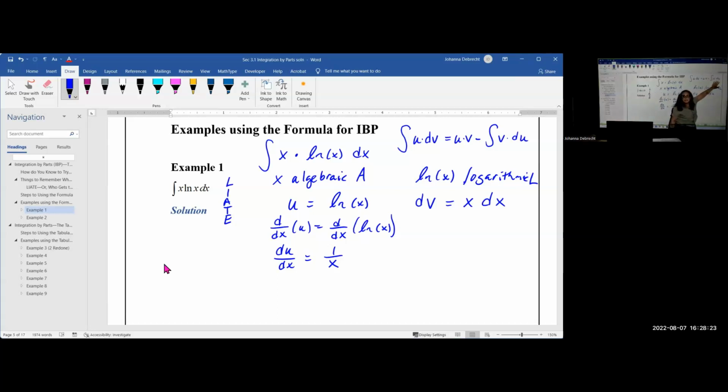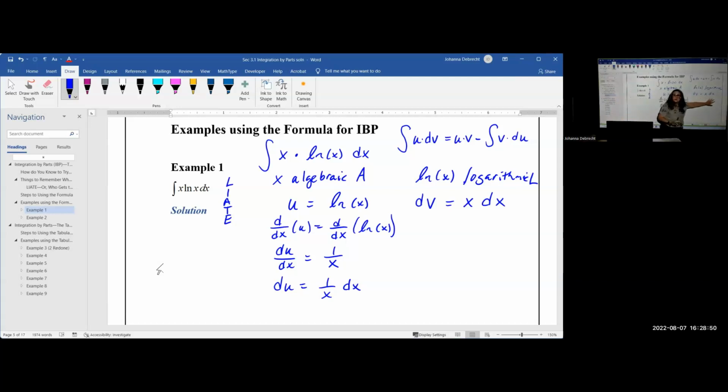It doesn't have du/dx, it has du. So I need to abuse the notation, swing that differential around to the right side. So now I'm going to have du is equal to 1 over x dx. And that was what I was looking for. This is what I need for that formula. So now I've got du. This is the easy side. And what did I do? I took the derivative. All right.